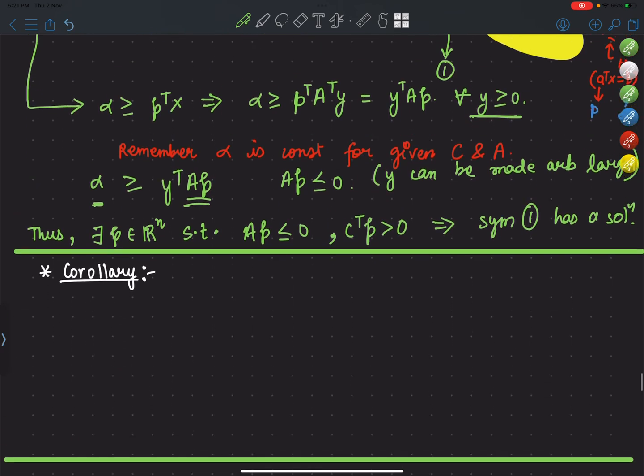There's one more result that comes from Farkas' lemma. This is similar to Farkas' lemma, and it is called Farkas' lemma corollary. So let me state it.